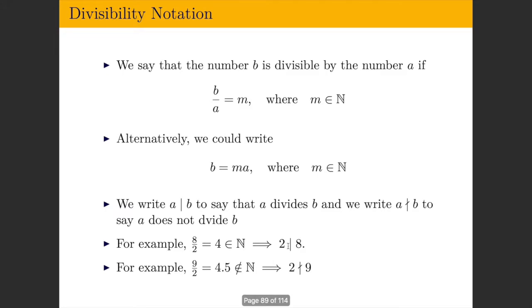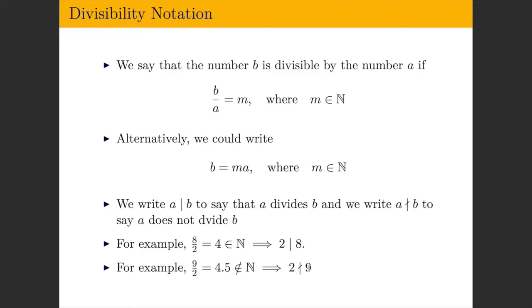The opposite is if we were to write something like 9 divided by 2. 9 divided by 2 is equal to 4.5, which is not an element of the natural numbers. 2 does not go nicely into 9, and so we would write 2 does not divide 9.